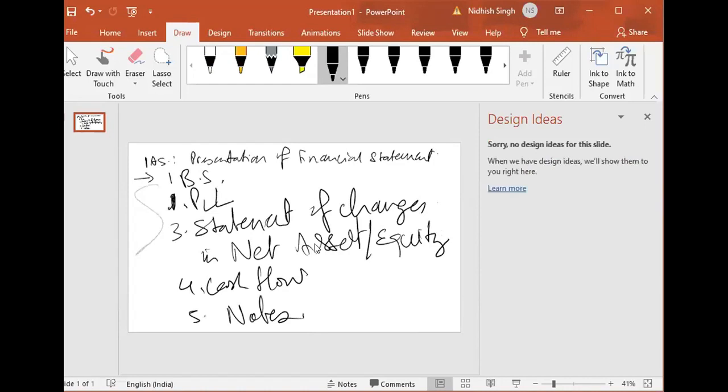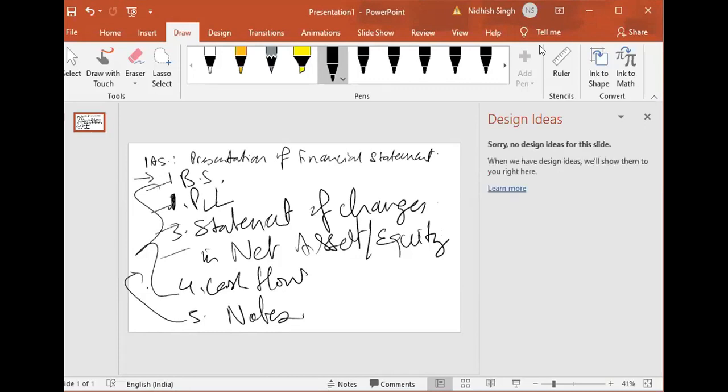The purpose of the notes is to assist all the above 4 and also to disclose and elaborate anything, all the numbers which cannot be explained on the face of the financial statement.